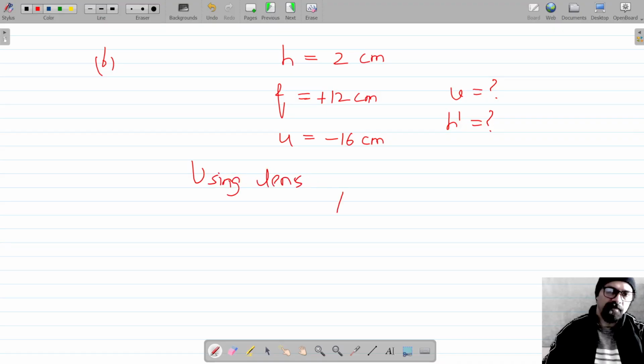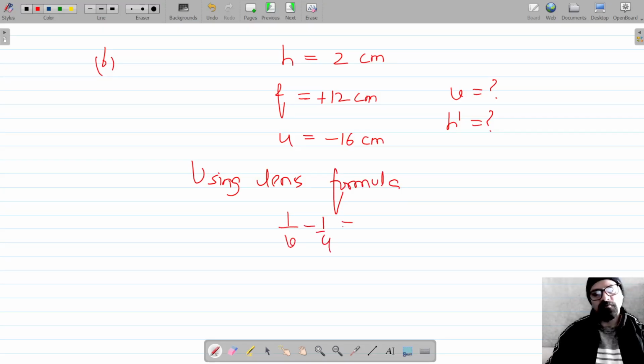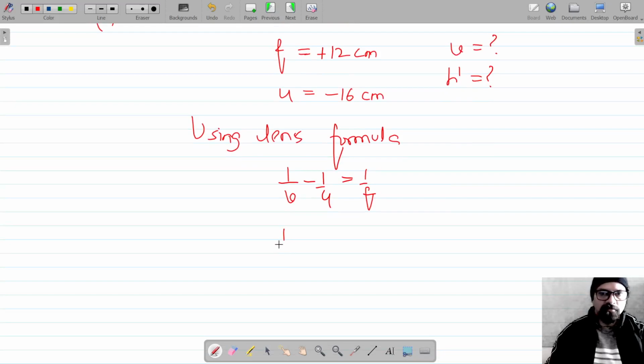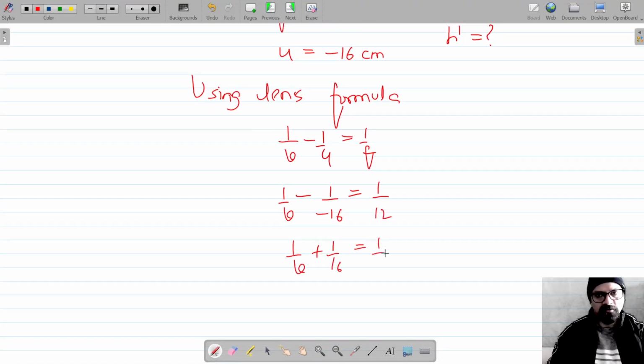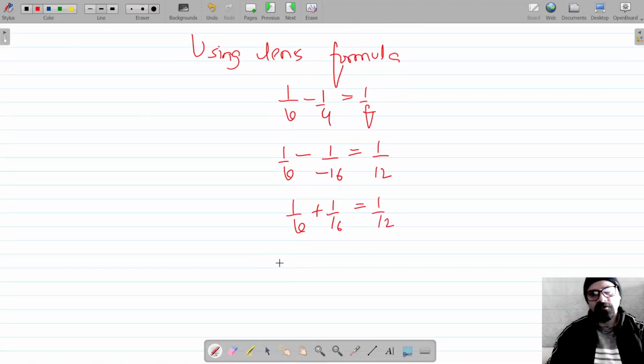So using the lens formula, let's put in the values. 1 by f is 1 by 12. Negative negative is positive. 1 by V plus 1 by 16 is equal to 1 by 12. This gives us 1 by V is equal to 1 by 12 minus 1 by 16.